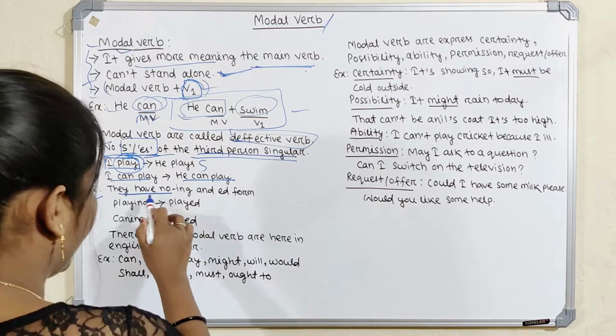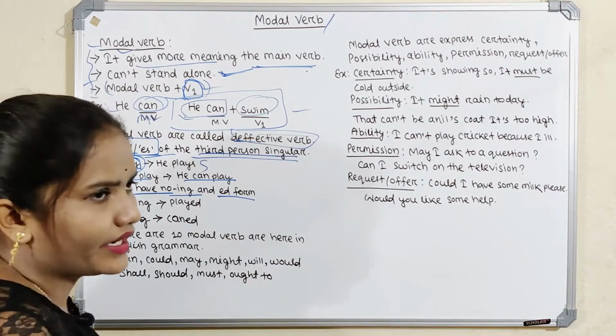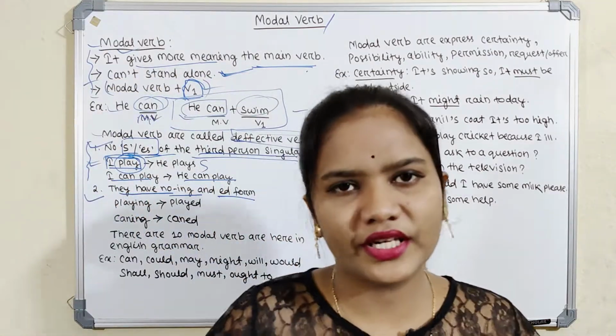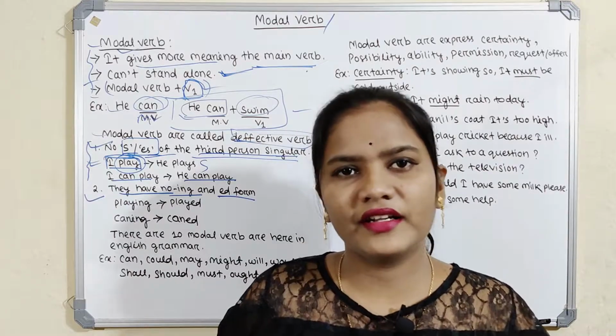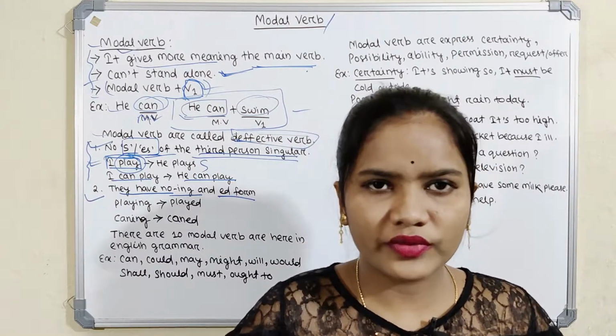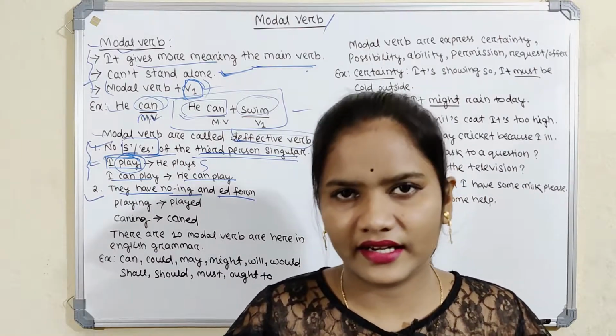The second one is that they don't have an ing or ed form. If we take an example like play, I can add playing or played. But with a modal verb like can, we cannot add canned or canning.